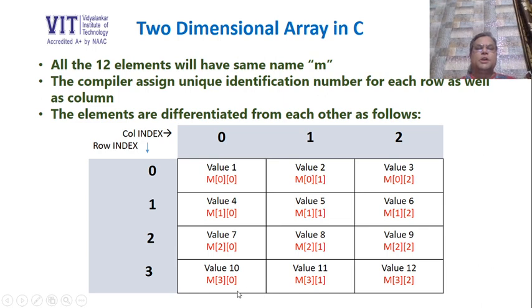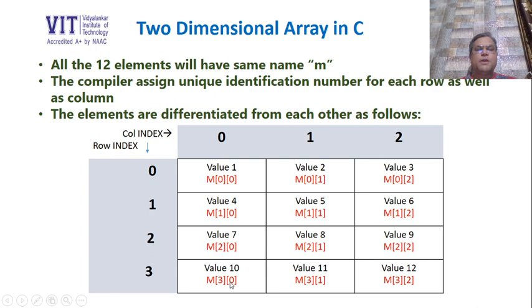Similarly, when we say row index is 3, column index is 0, it will identify this location. So, to identify any location in a two-dimensional array, we require two indices. One is the row index and the other is the column index. The number specified in the first pair of square brackets always indicates the row index, and the number specified in the second square bracket always indicates the column index.